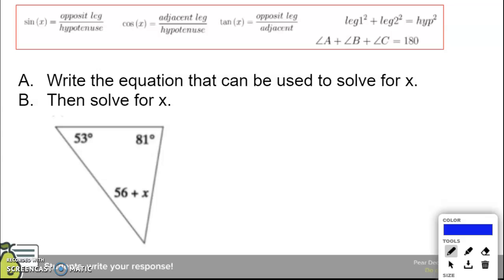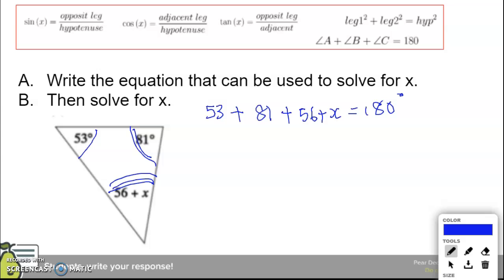So we can set that up. That's going to be 53 degrees, the first angle, plus the second angle, 81, plus the third angle, 56, plus x is 180 degrees. So then combine the like terms.